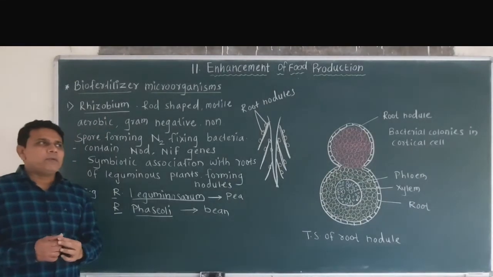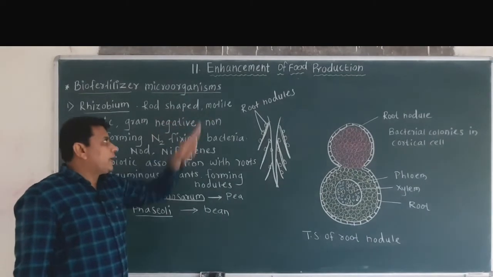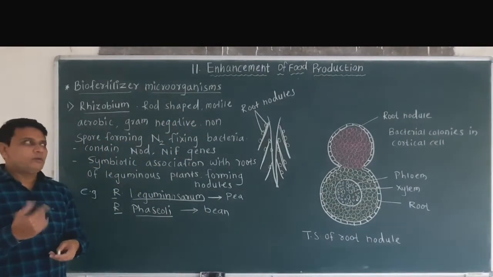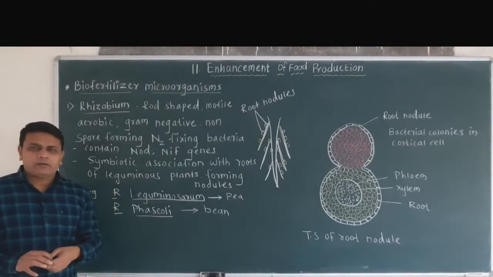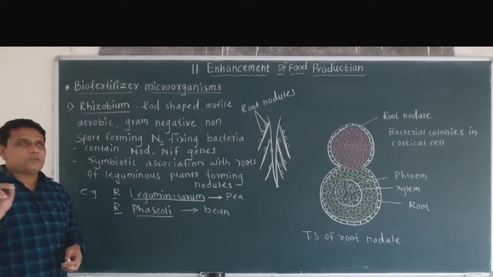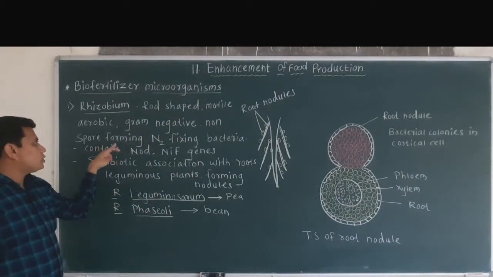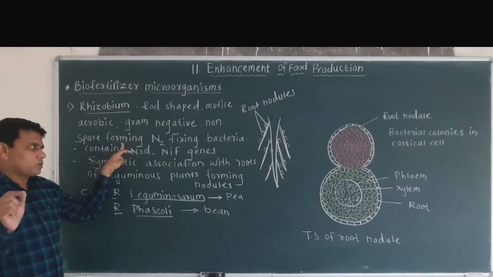Now rhizobium bacteria are rod shaped, then they are motile, that means they can move on their own. Then they are aerobic, that means they require oxygen for respiration. Then they are gram negative and non-spore forming, that means they do not produce spores.